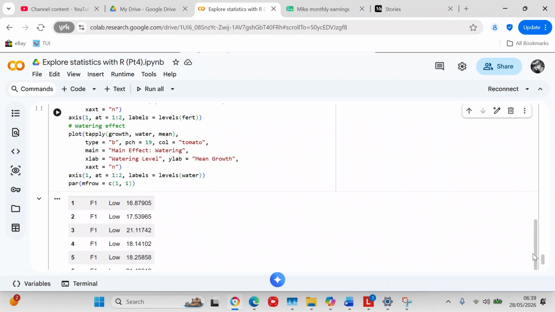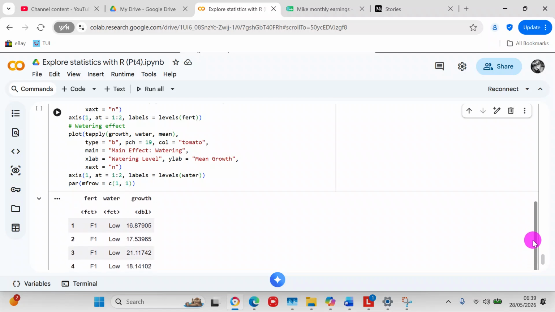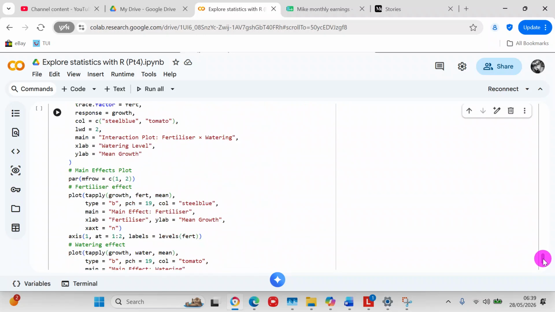So with F1, you're going to have 20 lows and 20 highs, and with F2, you're going to have 20 lows and 20 highs. And then this growth, I'm going to take that to be the mean.